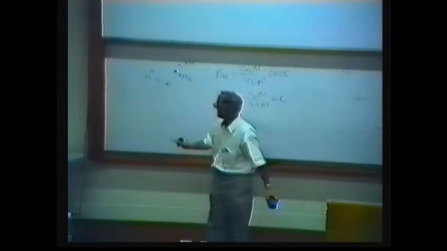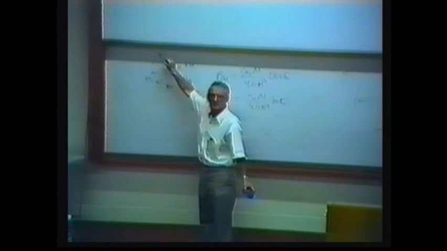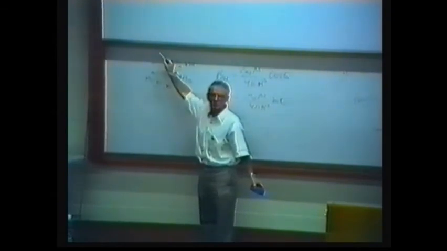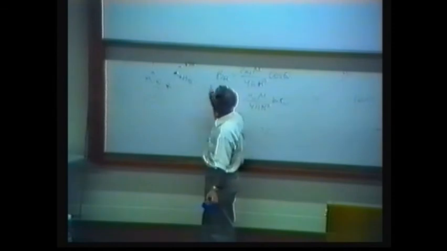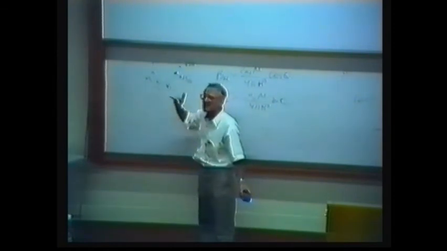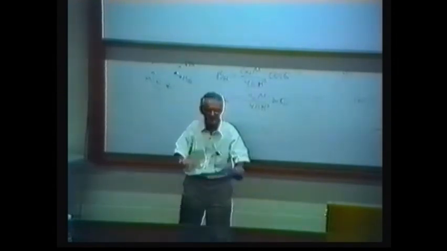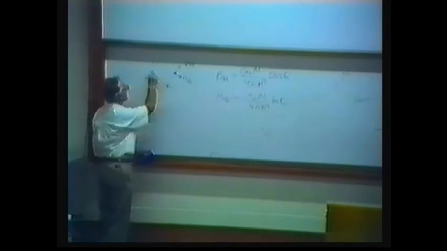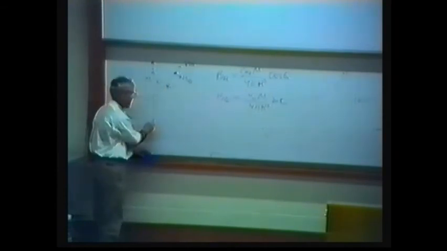Now, ready. How does the magnetic field behave along the axis? Which component is equal to 0 for sure? Which is equal to 0? This component or this component? B theta is equal to 0. So at this point the magnetic field is directed up. How is it directed here?